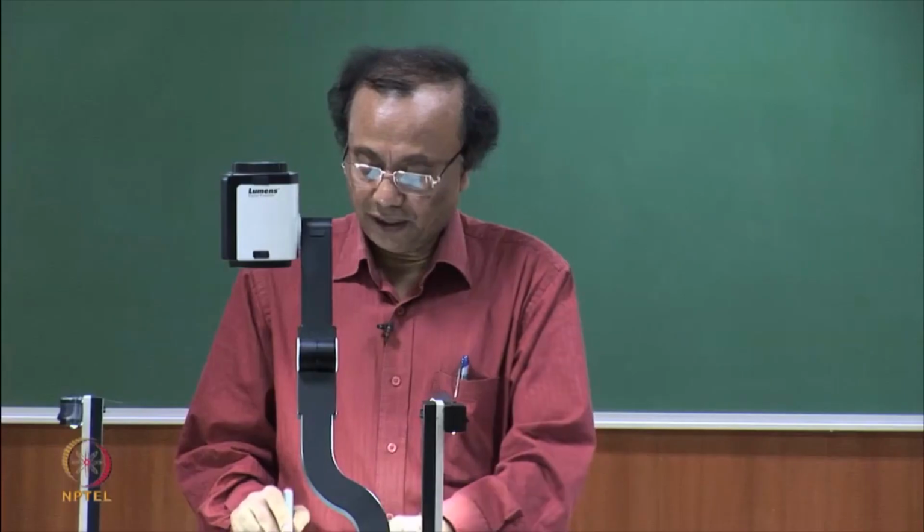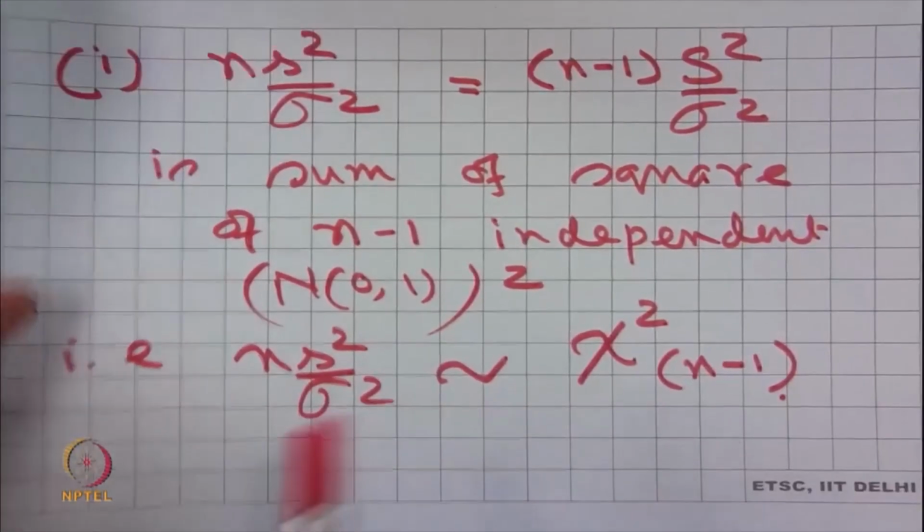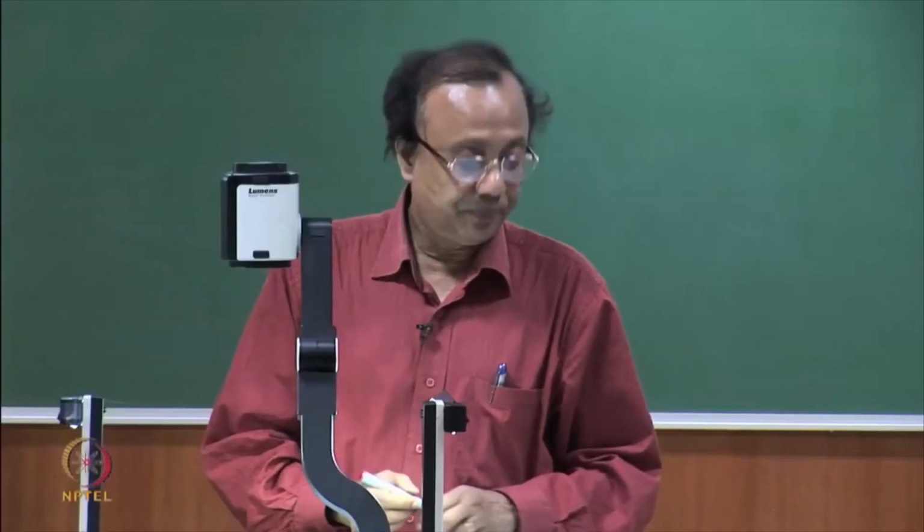Therefore, n a square upon sigma square is distributed as chi square with n minus 1 degrees of freedom.